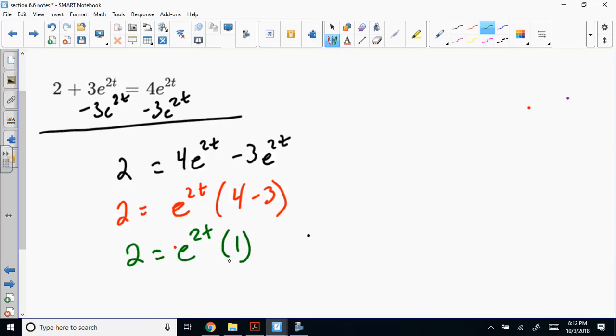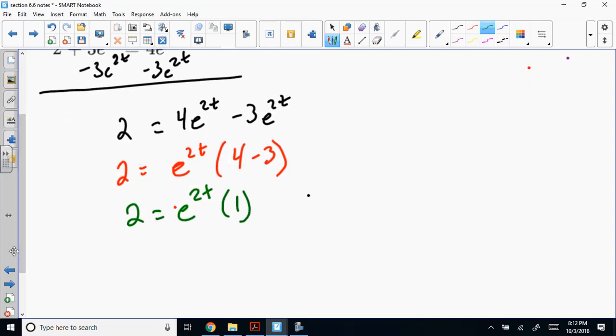I know, but you got to see why. Could you take 4e to the 2t minus 3 and get 1e to the 2t? You most certainly can, but you're not going to see that unless I do it. Here, this is why. Do you see how I proved it? I'm left with two numbers, right?